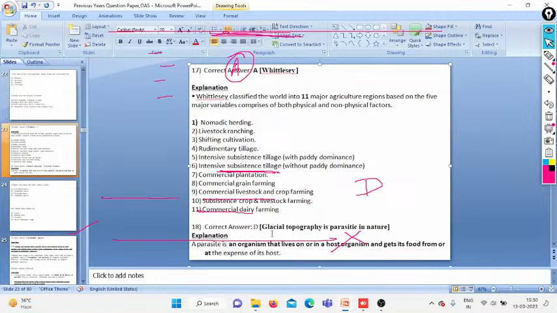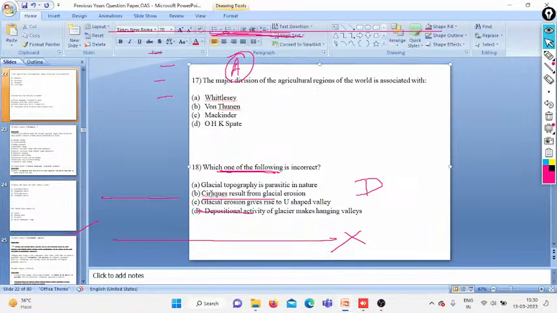This is D. This one is your depositional activity. Let's see.